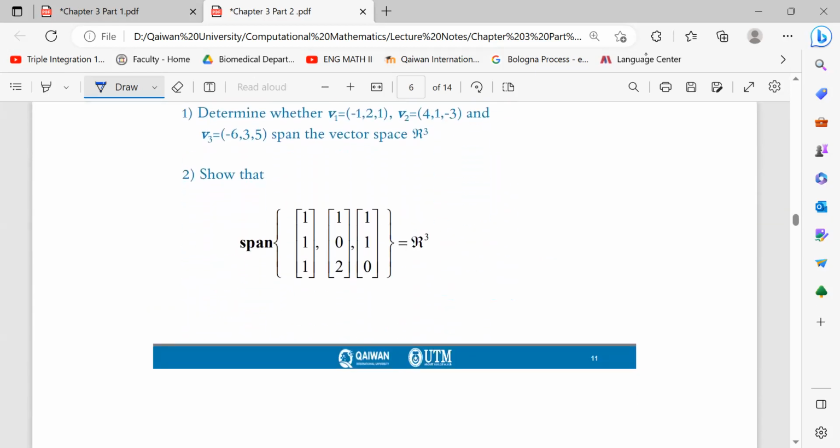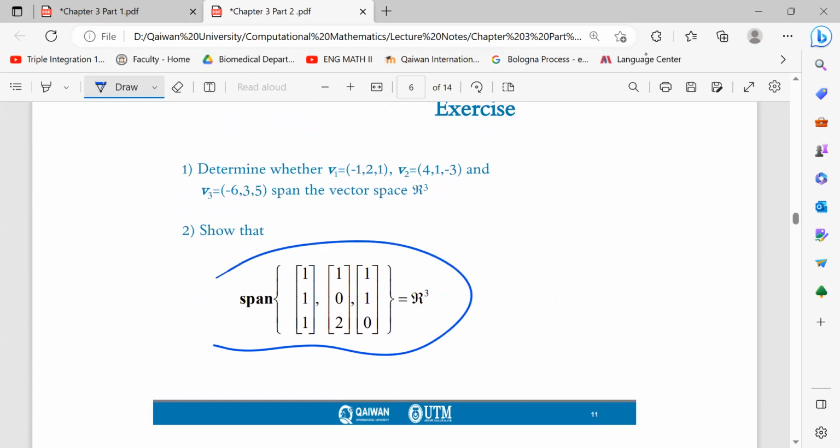And here we have this. It's the same for R3. R3 is x, y, z, let's say x1, x2, x3, or a, b, and c. Any variables you can use, x, y, z or x1, x2, x3.